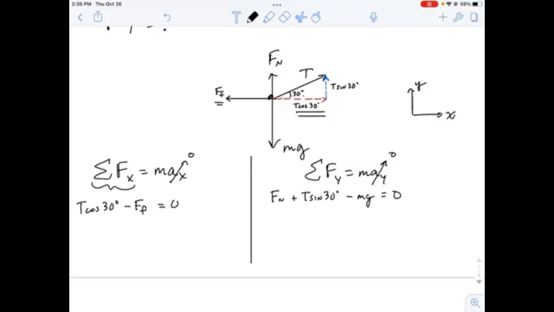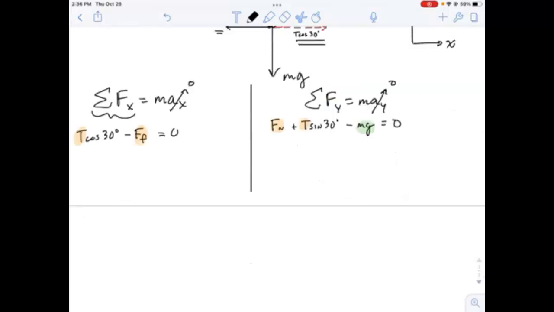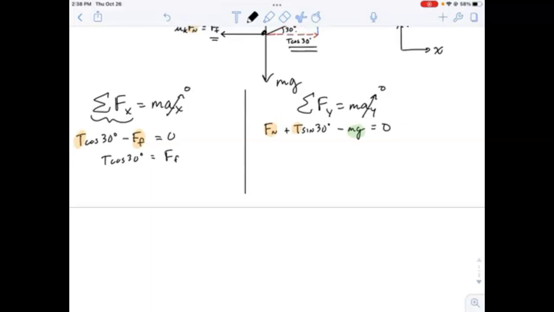We know another thing. We know the friction force is equal to mu k times Fn. The equation on the left, let's rearrange. T cosine 30 equals Ff. Then we'll divide each side by cosine 30, and get T equals Ff divided by cosine 30.